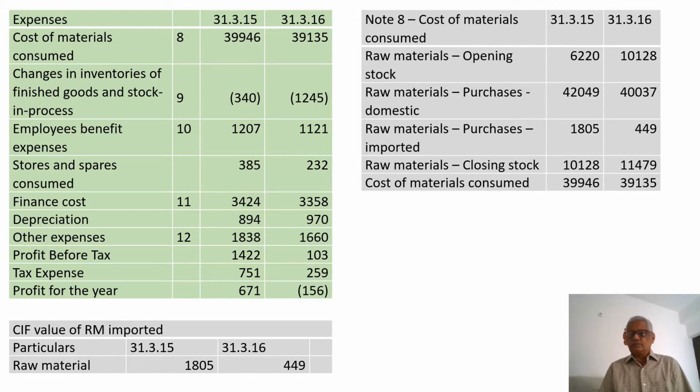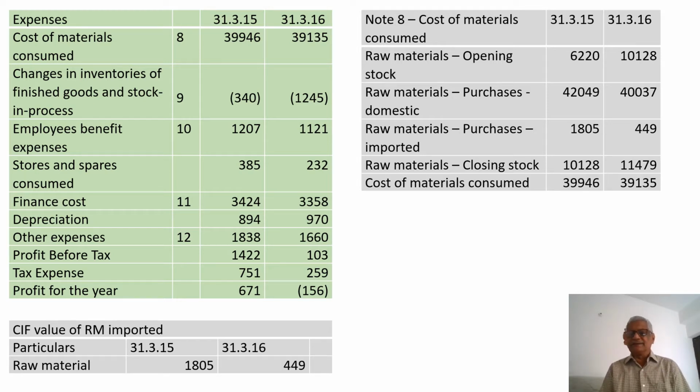To find out the amount of purchases made from other countries, there is a separate item called CIF value of raw material imported, which is 18.05 crore in 2015 and 4.49 crore in 2016. So we have explained note number 8.